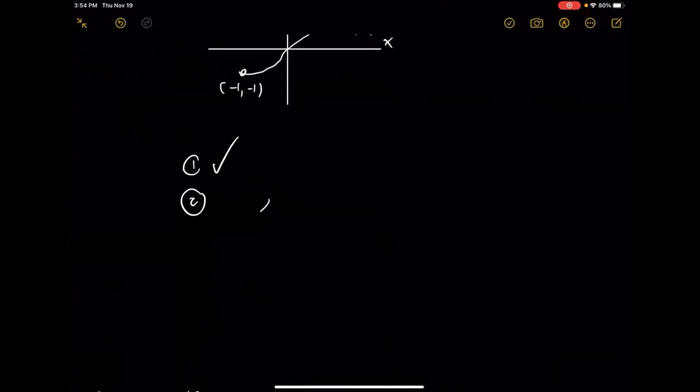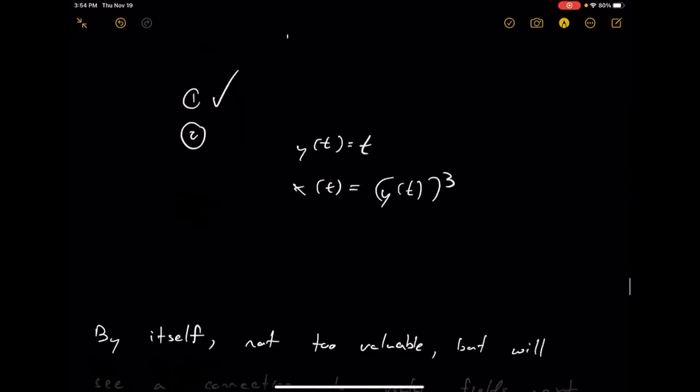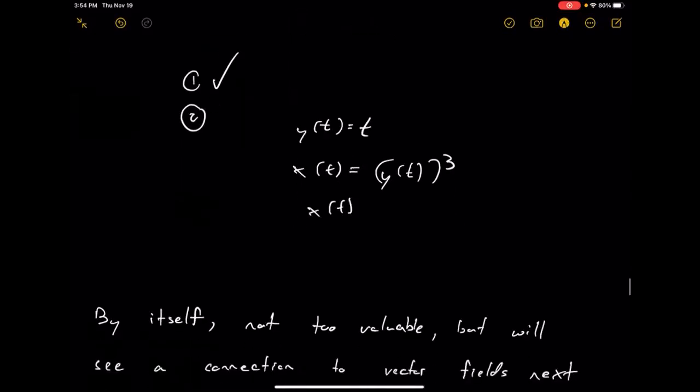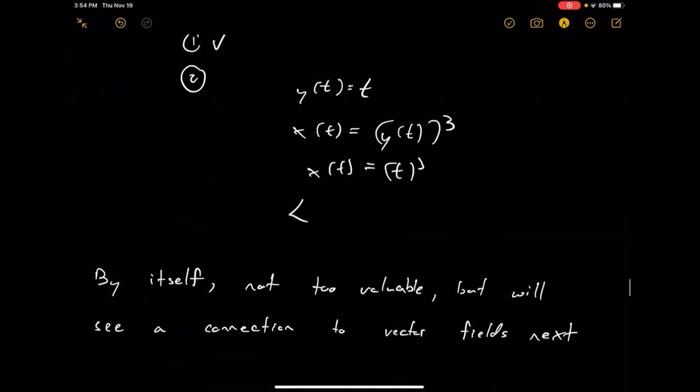Well, I could just do the parameterization y of t equals t, and then since x equals y cubed, x of t would equal y of t cubed. So in other words, x of t equals t cubed. I put those together and I get t cubed, t as my parameterization, which I'll write as r of t. So that's the parameterization of my curve.